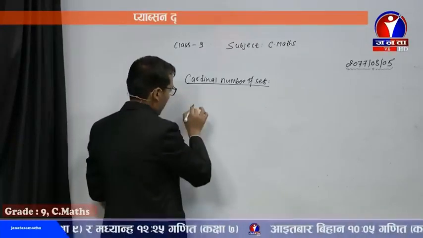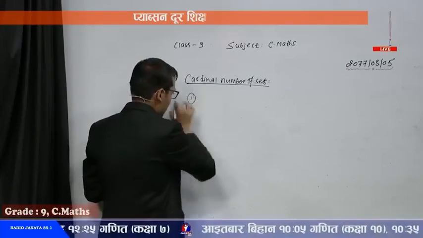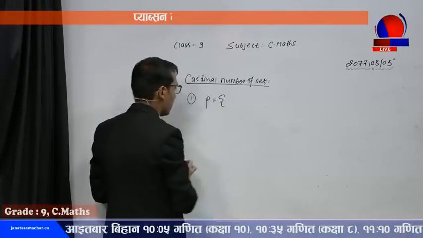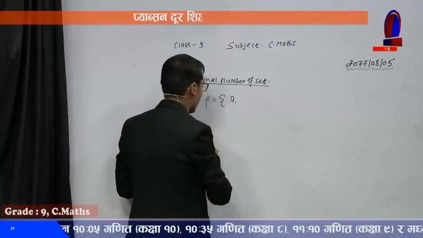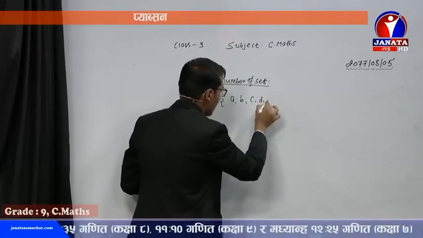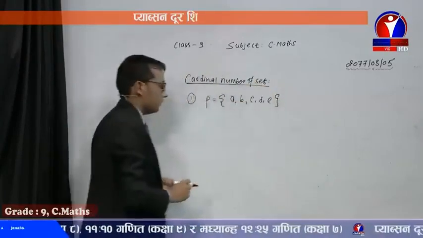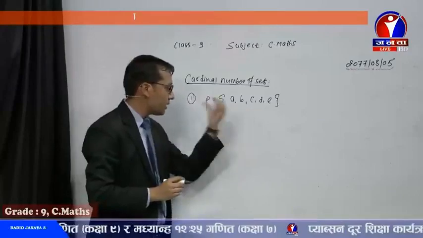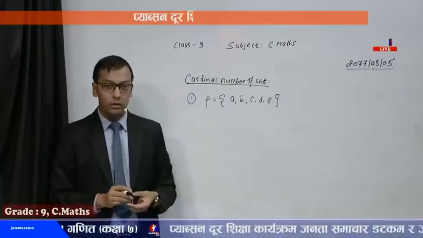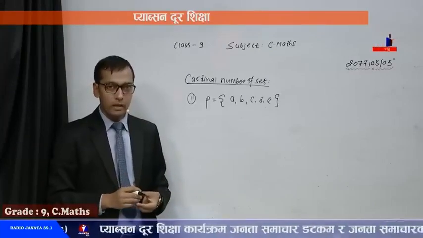Let's take an example. Example first: if I denote a set by P, I am writing the elements A, B, C, D and E. These are the elements of set P. So can we count how many elements are present here?